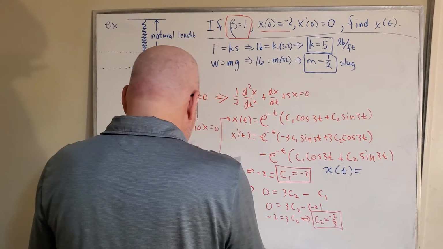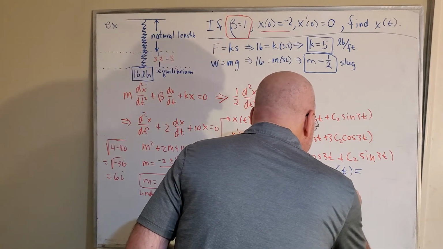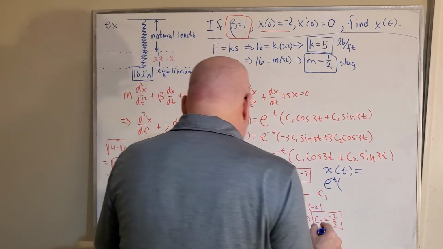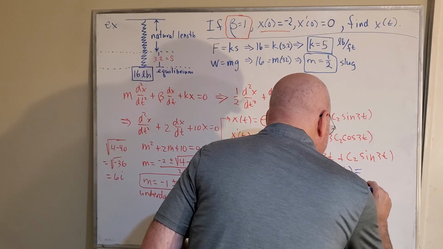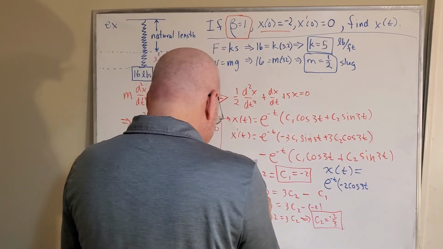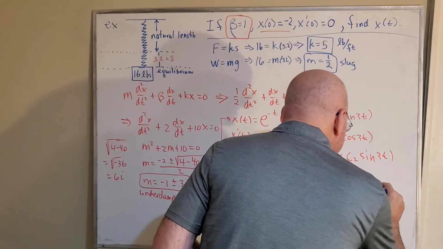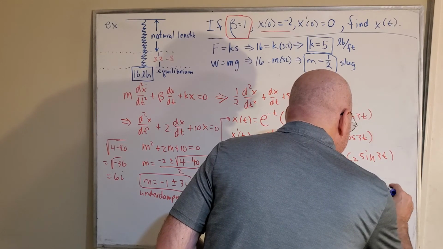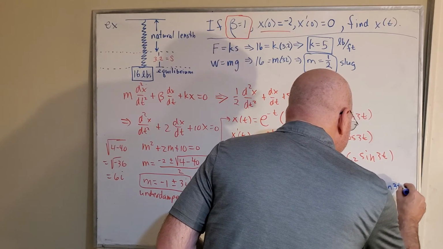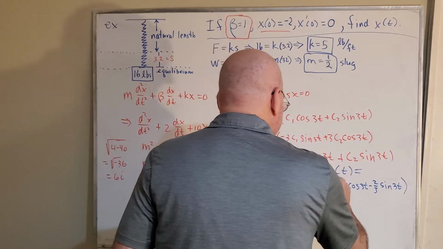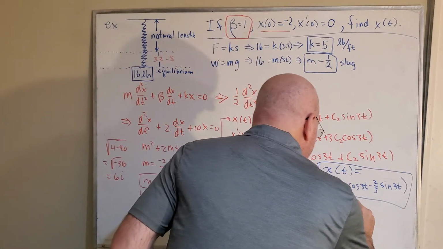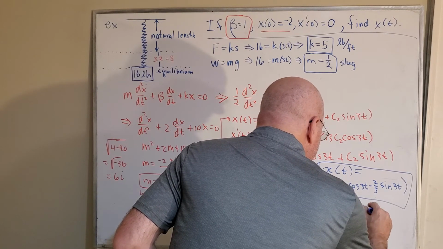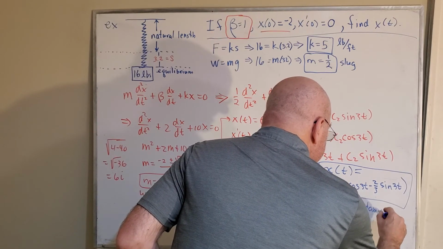X of t equals e to the negative t times negative 2 cos 3t, minus 2/3 sine 3t. That is the solution. And in case I didn't write it above, this is underdamped.